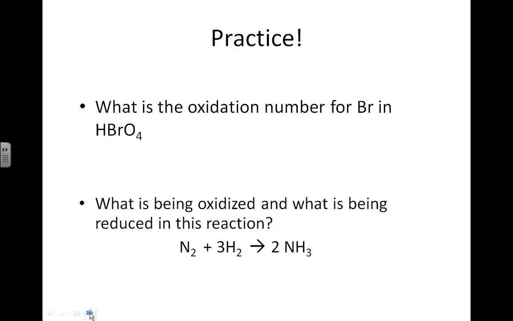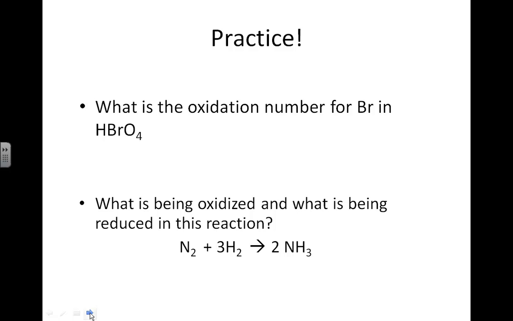In the second problem, we would have to look at N2 and H2 as both having 0 charges, as they are elemental as reactants. However, when hydrogen goes to form ammonia, a 1+ hydrogen is formed.